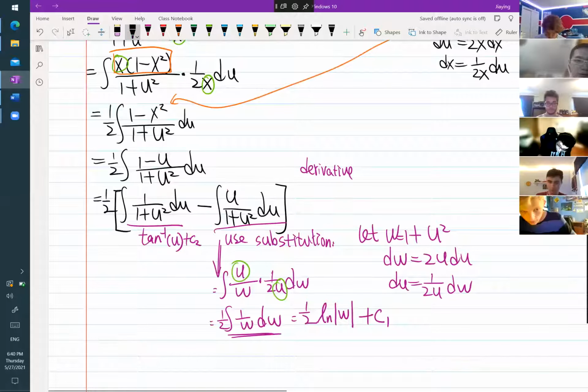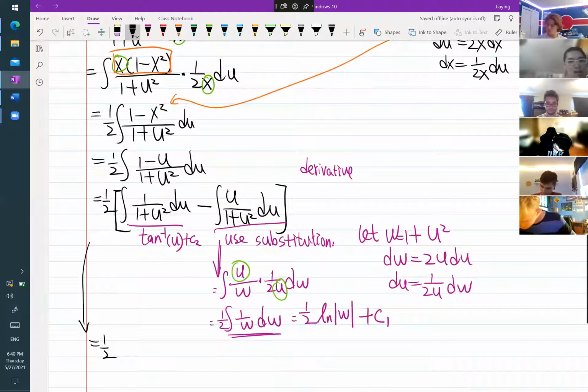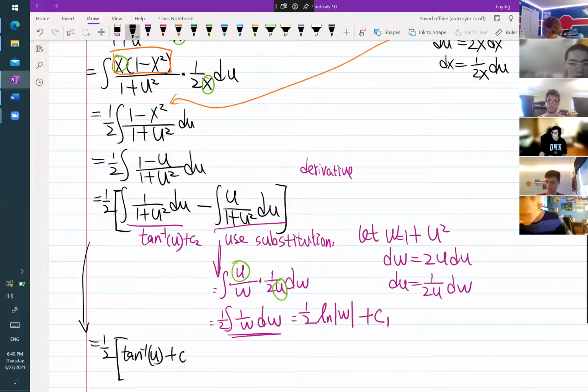So this integral, we still have a 1/2 in front, in brackets. The first term gives me inverse tan of u plus c2.